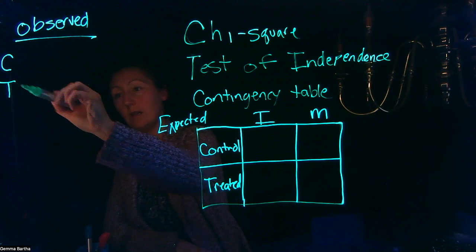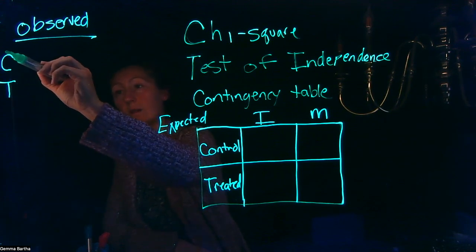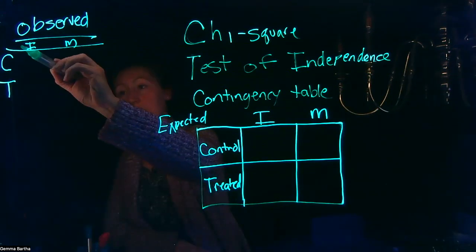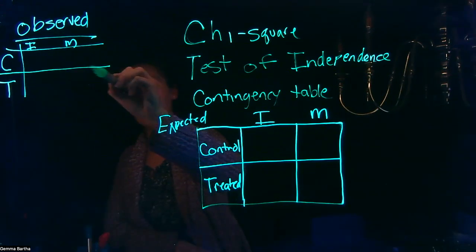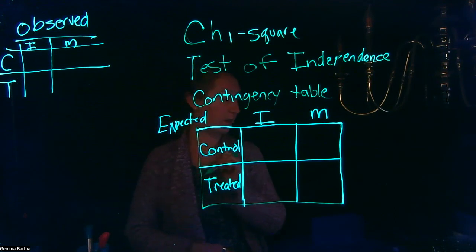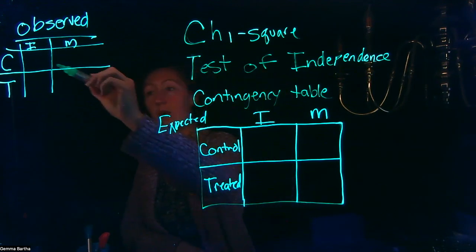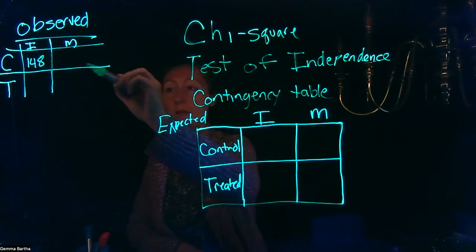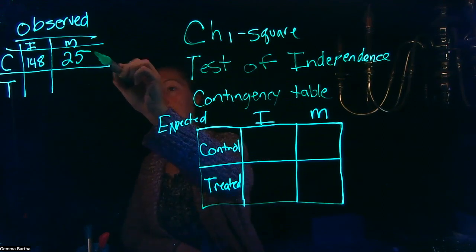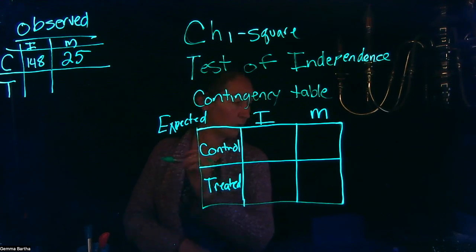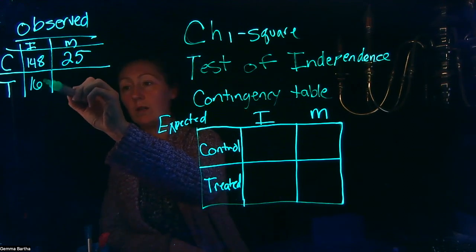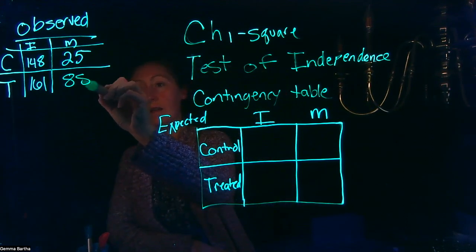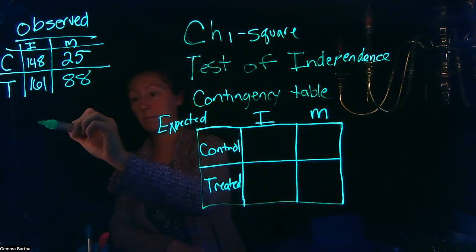We'll use that as C and T, and then we'll do I and M for interphase and mitosis. So for those, we had 148 in interphase and 25 in mitosis. We had 161 in interphase and 88 in mitosis.